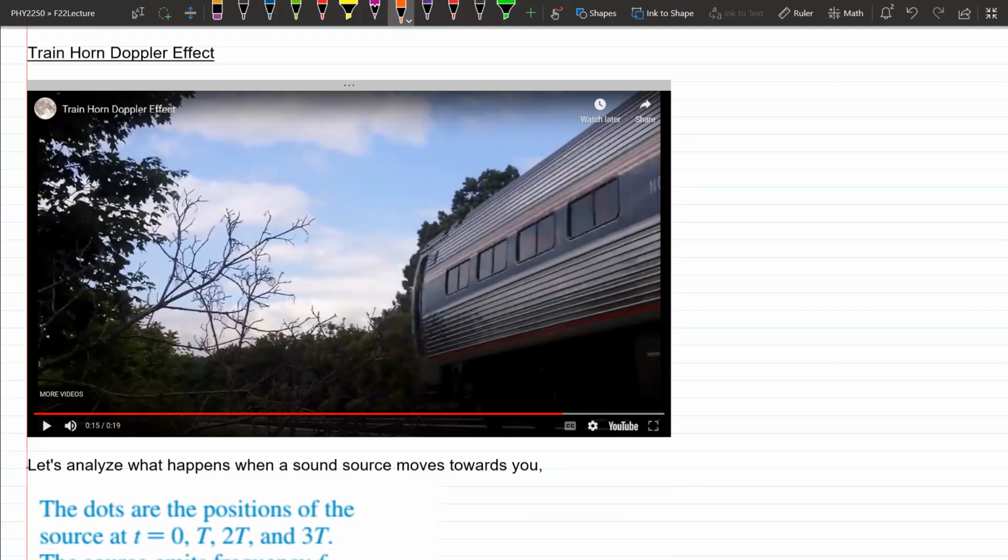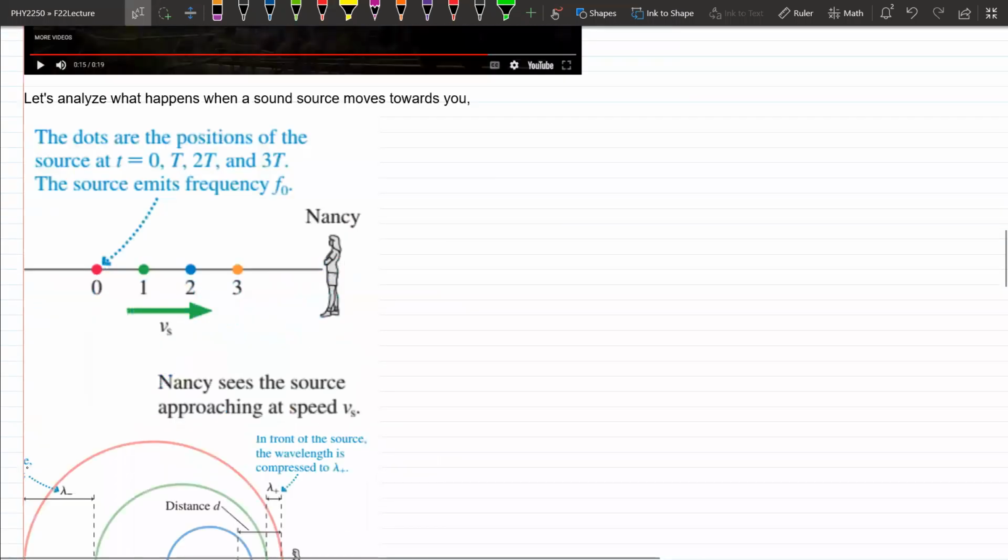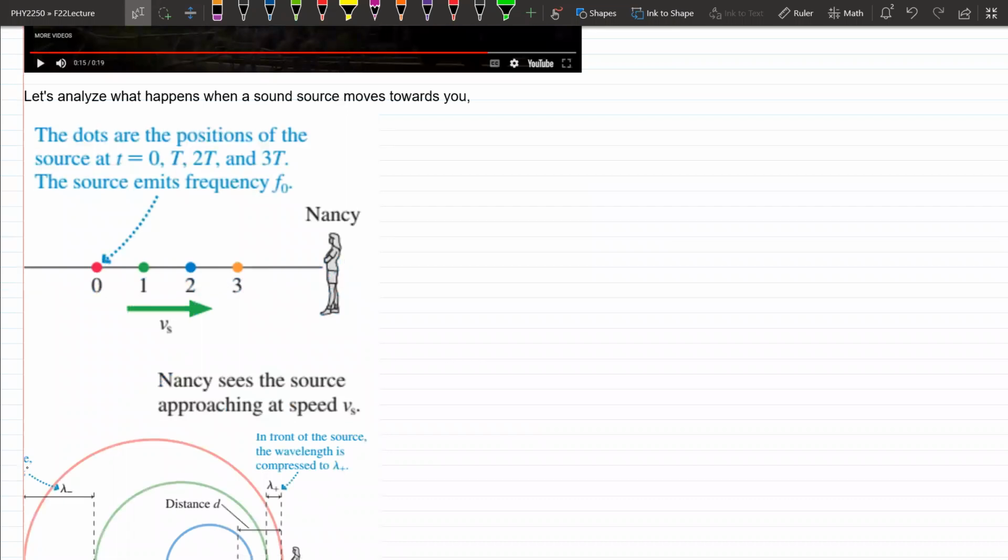This is actually known as the Doppler effect, and we can actually study this. These diagrams are not from your textbook, because I found your textbook not to be that great for this. But let's say you have a source of sound. This is Vs. You have a source of sound that is standing still, and you are here listening to that sound.